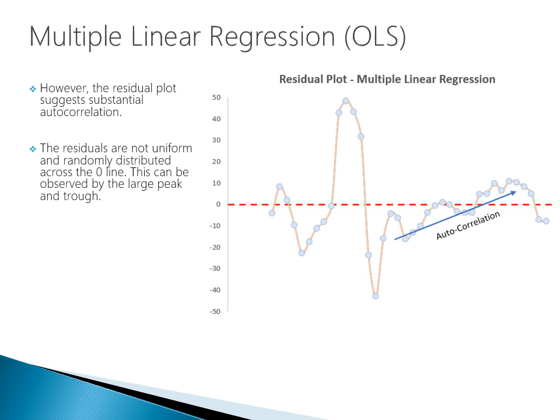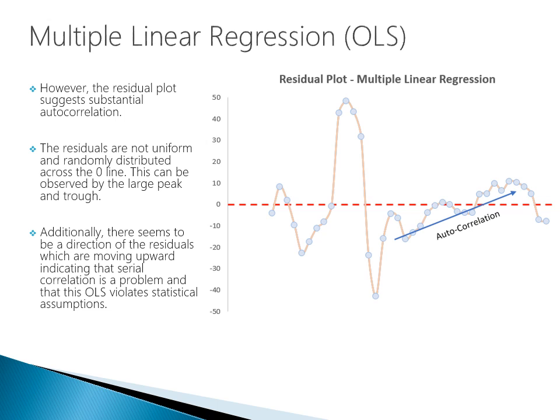If we look at this plot, we notice that the residuals are not randomly distributed across the zero line. This can be observed by the large peaks and troughs that we see. Additionally, there seems to be a direction of the residuals that are moving upward, indicating that serial correlation is a problem and that this OLS regression violates statistical assumptions.